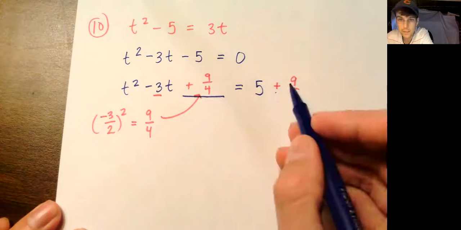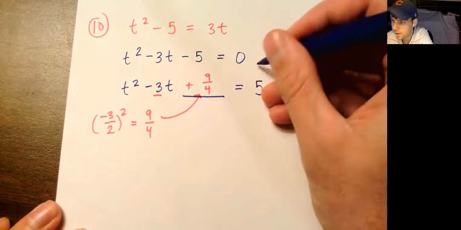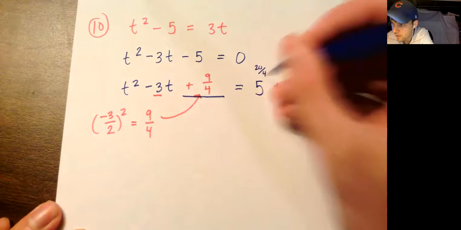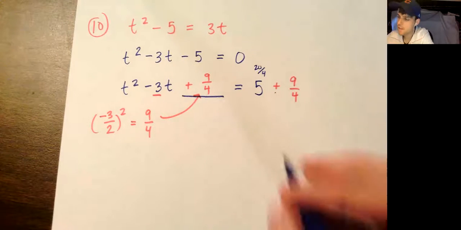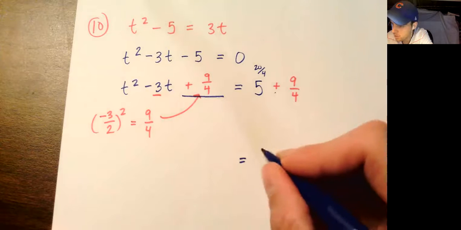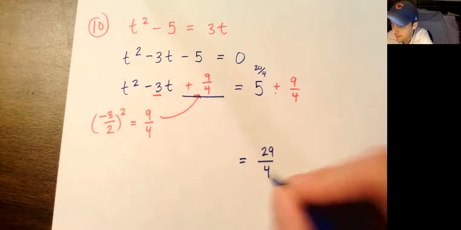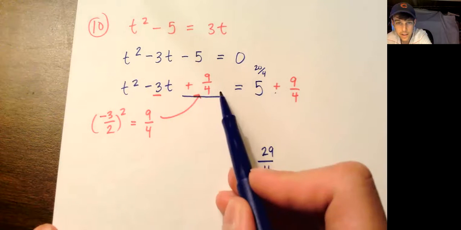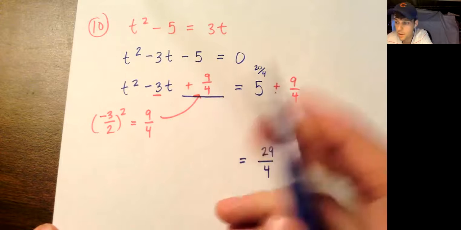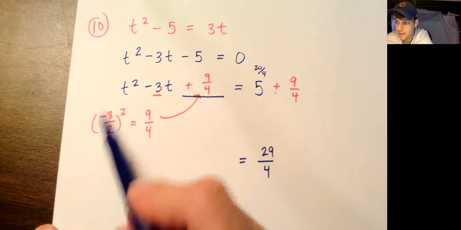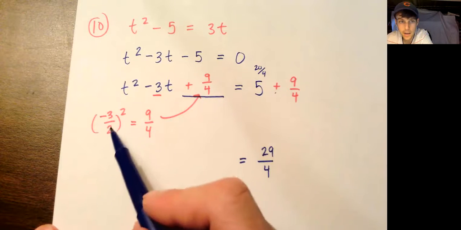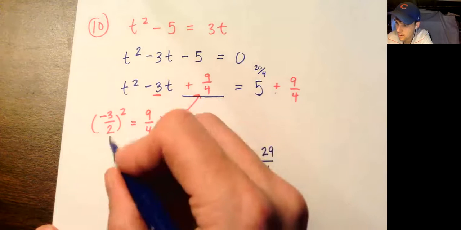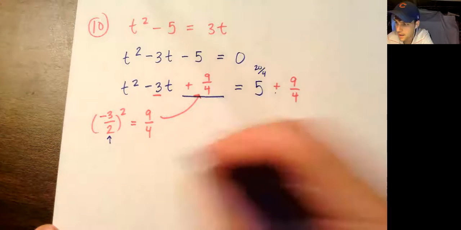Now this side, 5 is really 20 over 4. So the right side is going to end up being 29 over 4. And this side ends up factoring as a perfect square trinomial. It ends up factoring with this as my constant part for this.